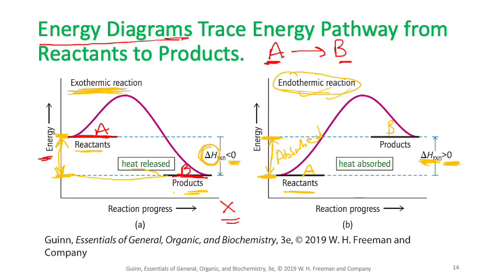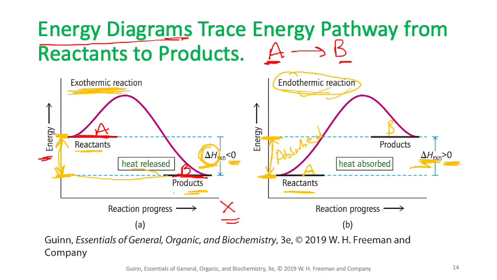So the important thing from this energy diagram is that if you see any kind of graph, you should be able to tell whether it's an endothermic or exothermic reaction, and depending on that, you should be able to figure out what delta H is for that reaction.